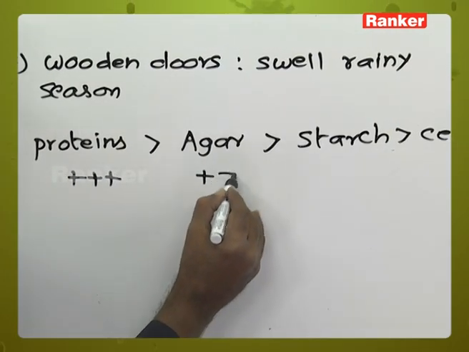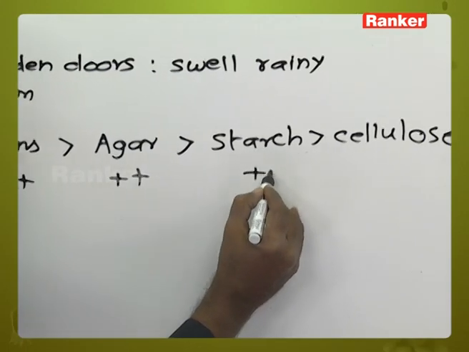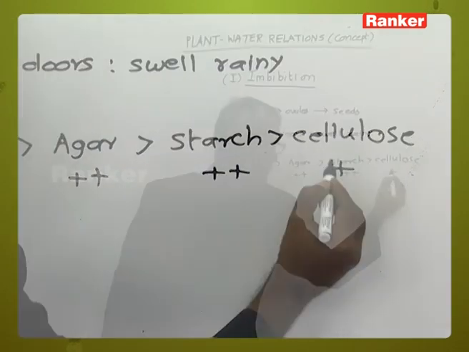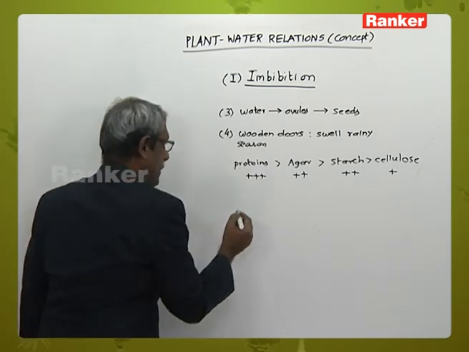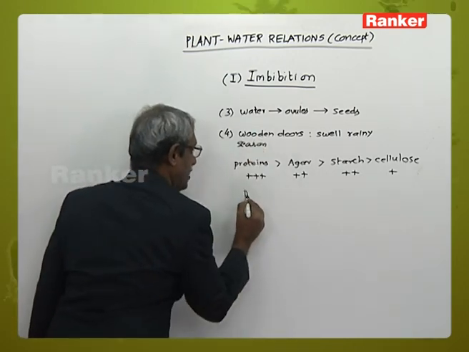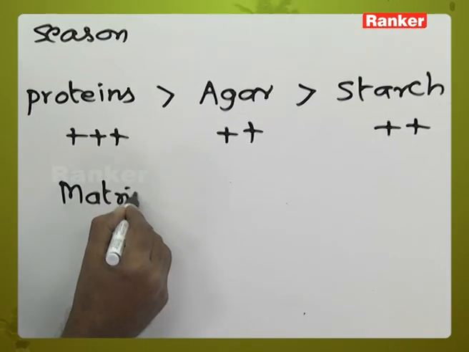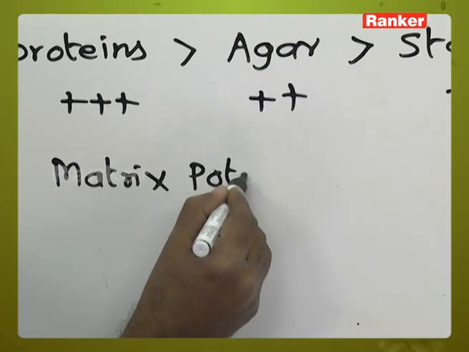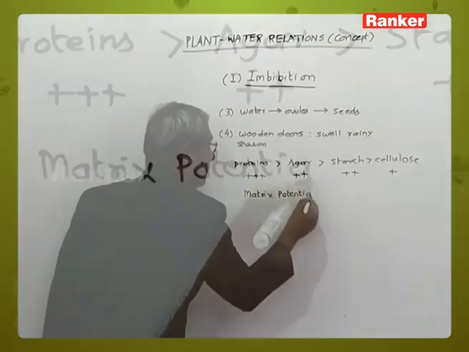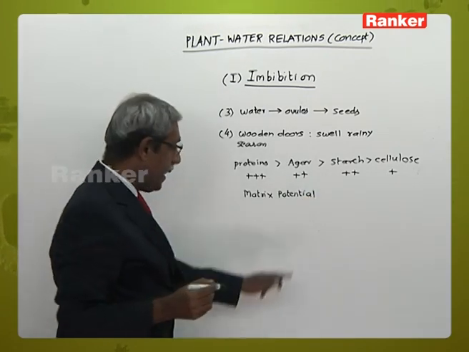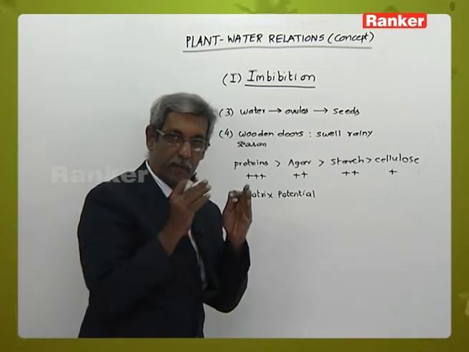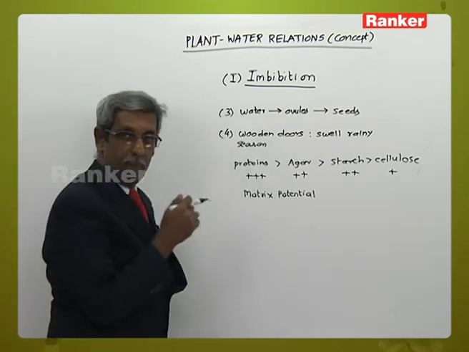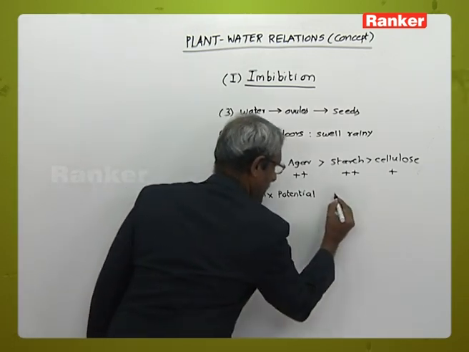It is less in the case of agar and starch, and less in the case of cellulose. Here imbibition is due to matrix potential. And in the case of the solvent, because potential energy is converted to kinetic energy, the value of the matrix potential is always negative.